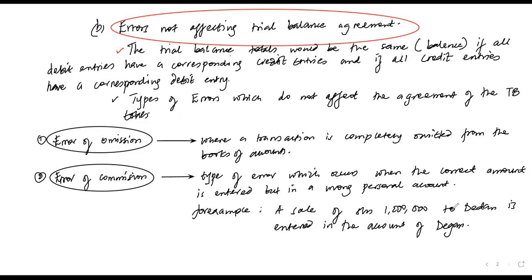The correct amount is entered, but in a wrong personal account. Sometimes the names look similar, though they are different customers or suppliers, but you mistakenly enter the transaction in a wrong personal account. Such errors are known as errors of commission. Then the third error that does not affect the trial balance agreement is error of principle.